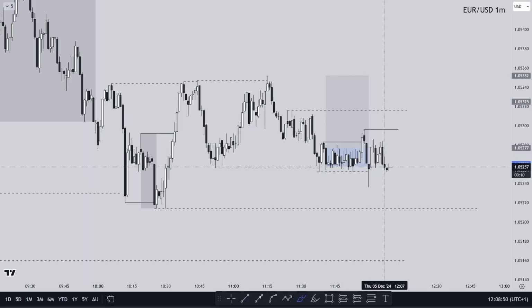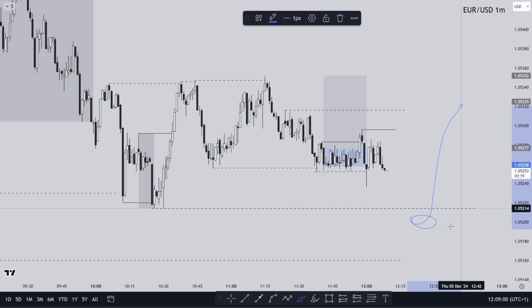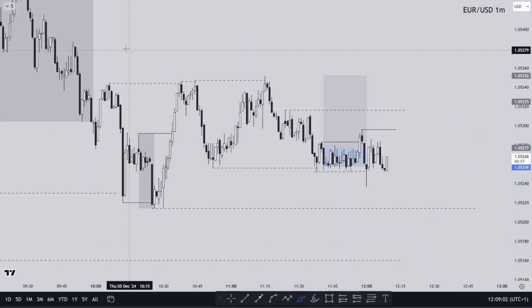Now it's really 50-50, and I don't want to enter the trade now. I prefer to wait, and if price drops, then I'll try to catch the long from the levels I showed you. But as you can see, now price is showing more bullish movement, bullish momentum, bullish strength than bearish.